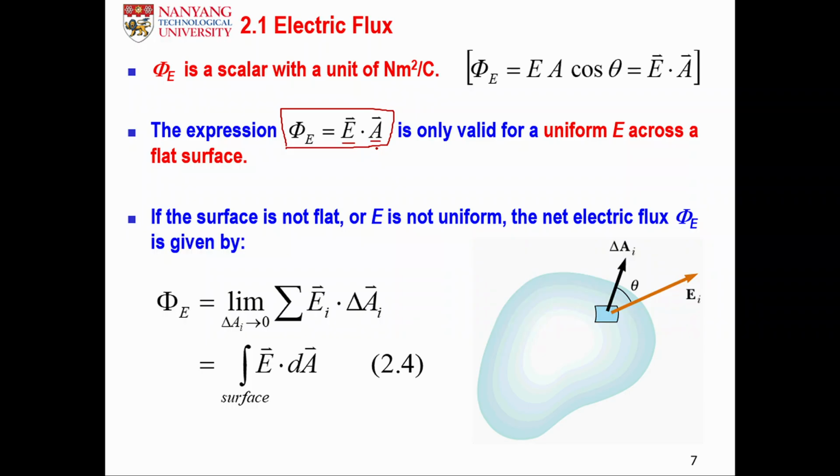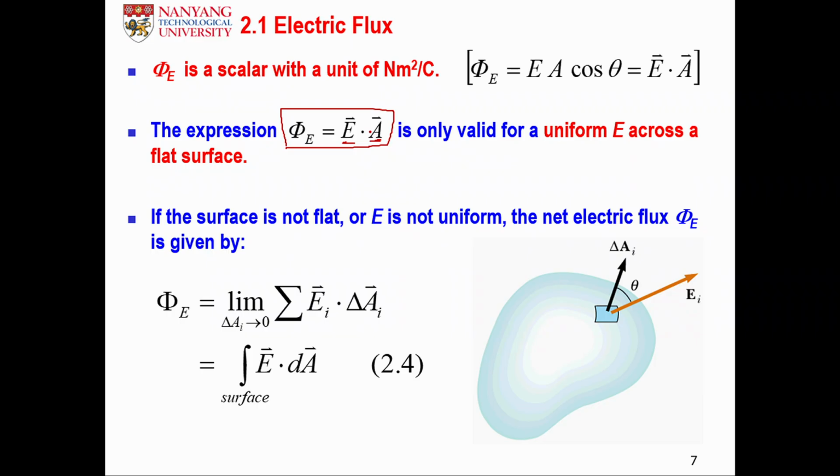The so-called uniform E is straightforward: a constant electric field E. A uniform vector A basically means it's a flat surface, because for a flat surface, the vector A is the same over the entire surface. If it's a curved surface, then A at different points is different, and you cannot consider it to be a uniform A.